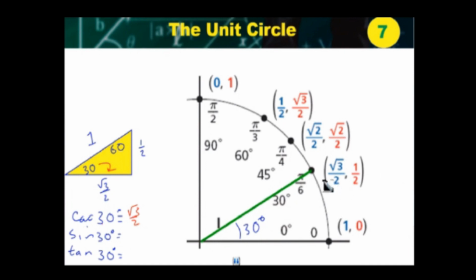So every cosine is x, and every sine is y. So I would actually now make my own point. I'm going to say this is square root 3 over 2, comma, and then sine. What is sine 30? Well, we said sine is the opposite over the hypotenuse. That's 1 over 2. So the sine is 1 over 2.